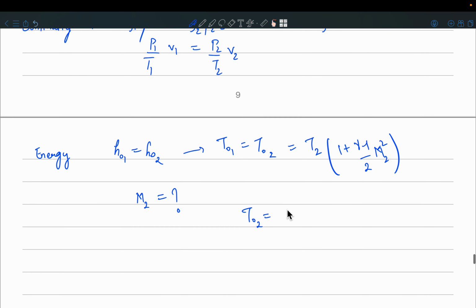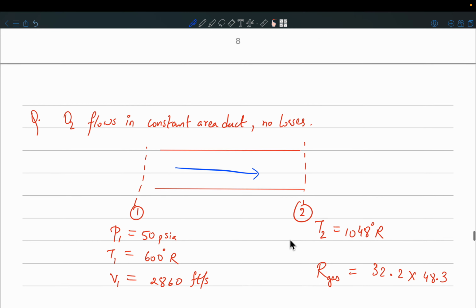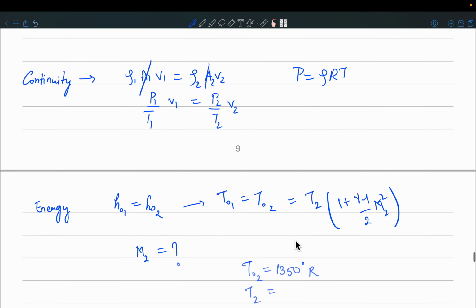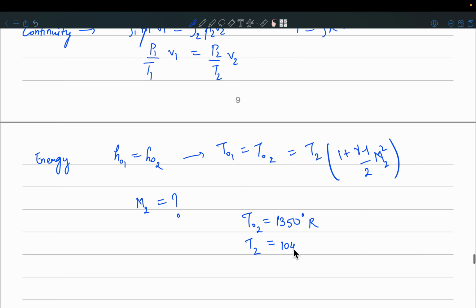T02, which is also equal to T01, is 1350, and T2 is given to us, 1048. Okay, this is 1351, right? Yeah, M2 is 1.2.